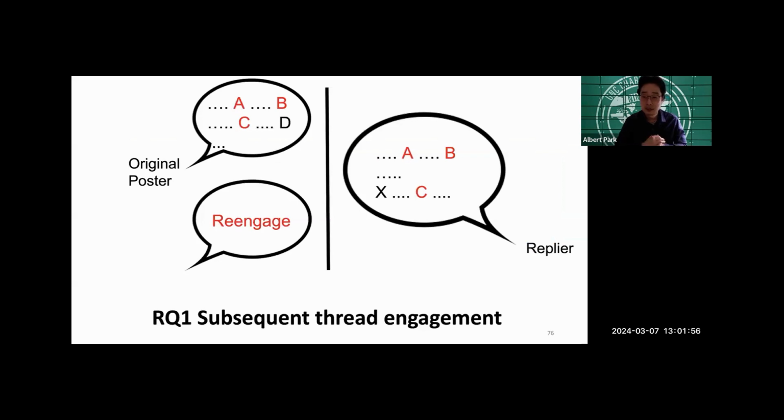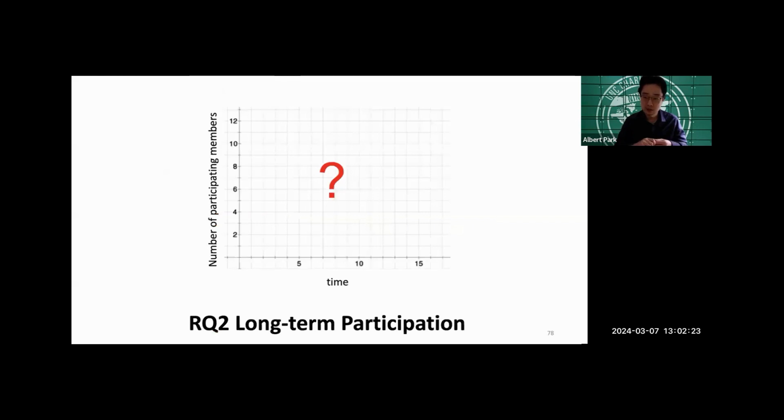In the conversation, you have two cases where the original poster re-engages and disengages, and I'm comparing these two cases with respect to the replies and similar vocabulary they received. For long-term participation, I want to see how that initial experience of getting a response more in line with your terminology influences long-term participation.